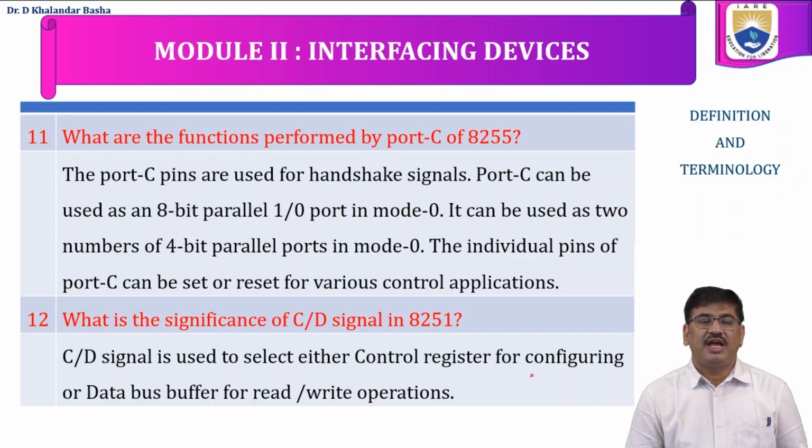It can be used as two 4-bit parallel ports in mode 0, that is port C upper and port C lower. Port C upper is from PC4 to PC7, port C lower is from PC0 to PC3. The individual pins of port C can be set or reset for various control applications.